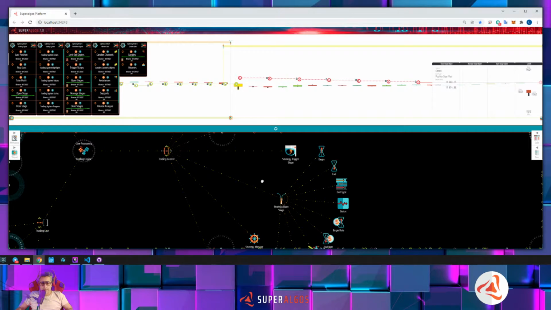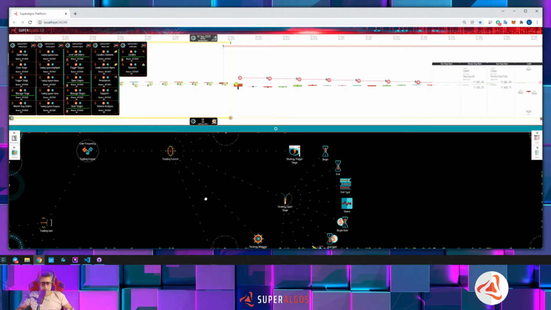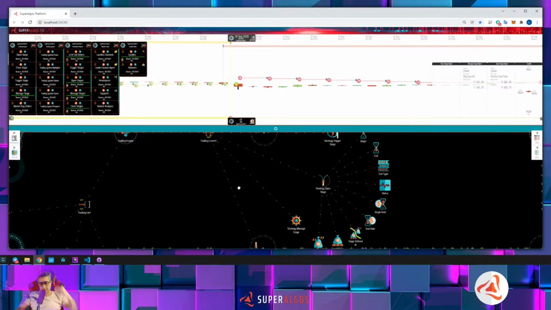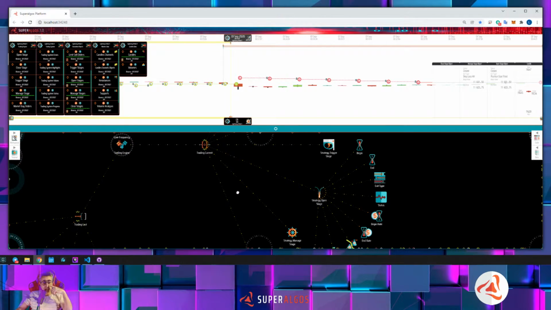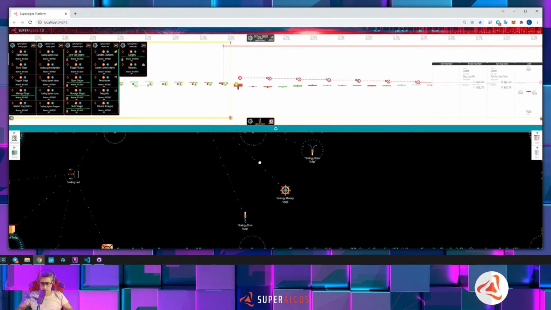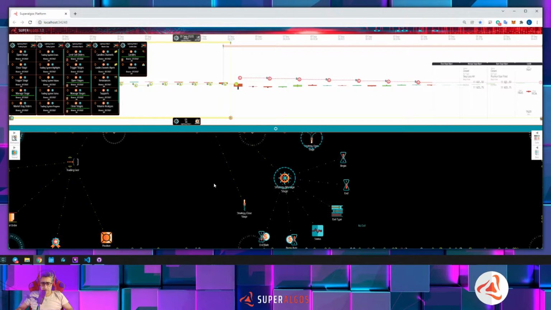Okay, let's research why it's closing. I will put the layer here, manage stage. I will change from here to here, manage stage.